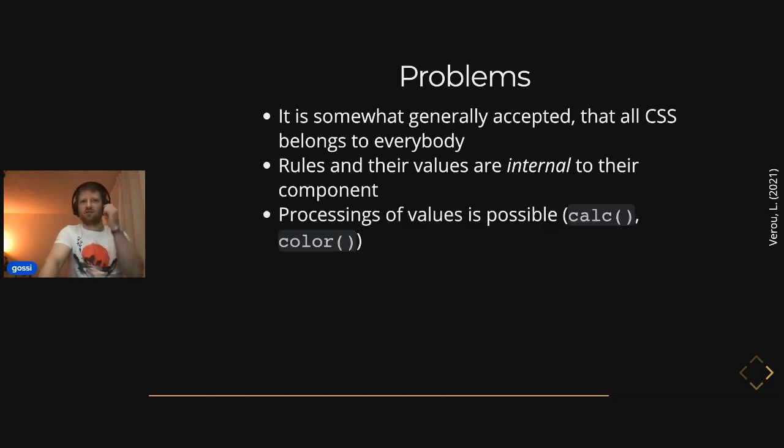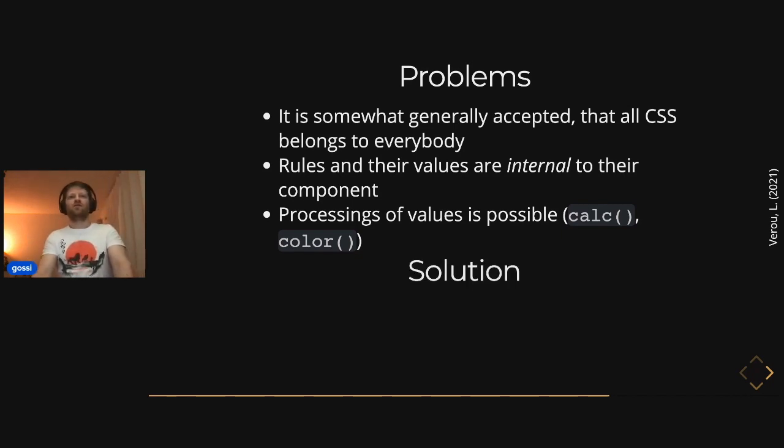And this is because some of these are processing the values through either a calc function or some color functions to come to other colors. So think about the button. We have a background color given, and then we may use a color function to calculate the border color somewhat darker than the color that we pass in. So if we only change the background color, then this is lost.